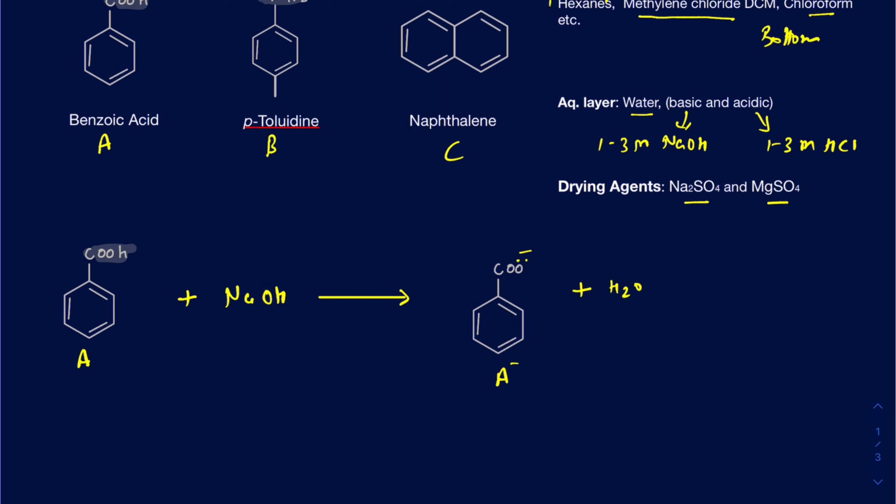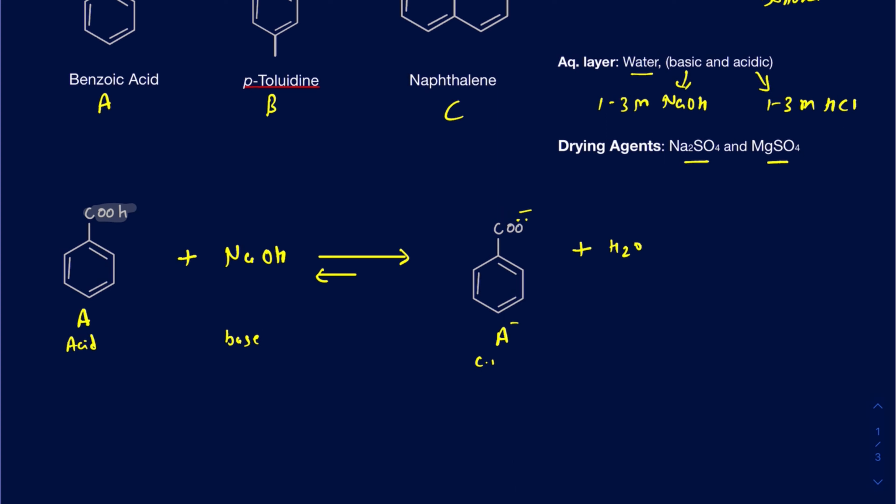If I want to look at where the equilibrium is going to be shifted in this particular case, this one is an acid in a base. So this is going to be your conjugate acid. Oh, that's going to be your conjugate base rather. And this is going to be your conjugate acid here.